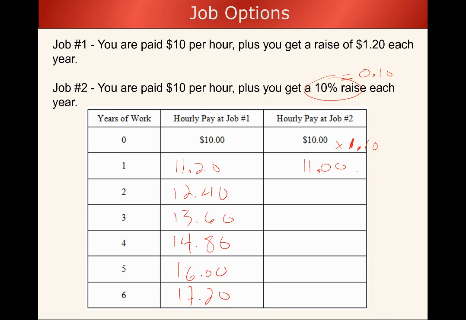So again, I go times 1.10. On my calculator, I'm doing that, and now I'm at $12.10. Still lower. Times 1.10, $13.31, oh, it's catching up. Each time I'm just typing in my calculator times 1.10.